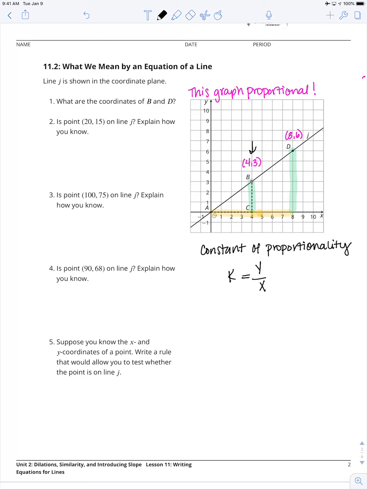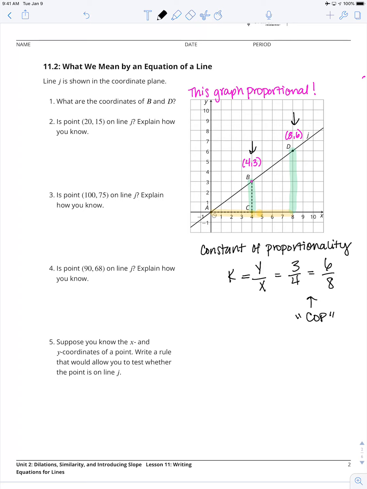If I took (4, 3), I could take the 3 over 4, and that was my unit rate, or the constant of proportionality. If I took (8, 6) and I took 6 over 8, it's also equivalent to 3 over 4, and we called this number the constant of proportionality. So that's essentially the slope for a proportional relationship.